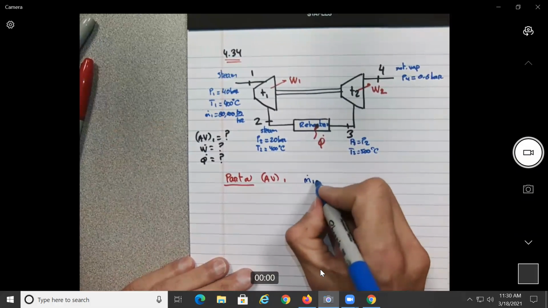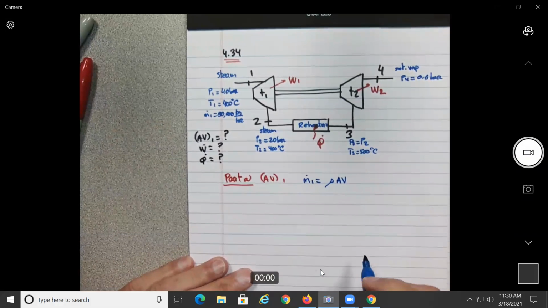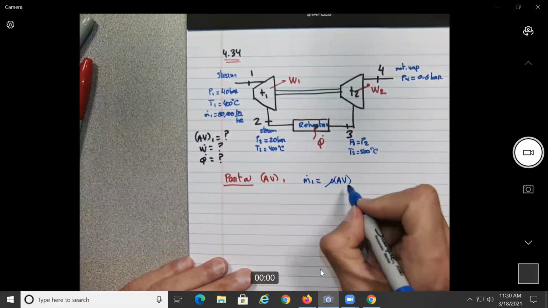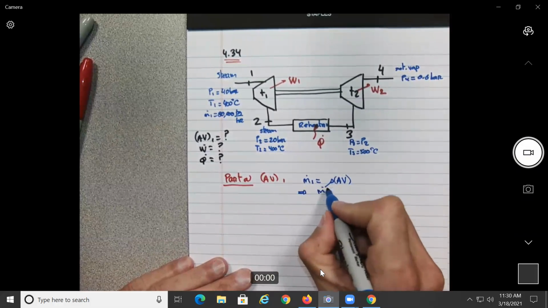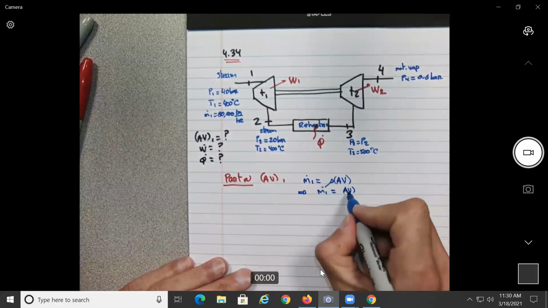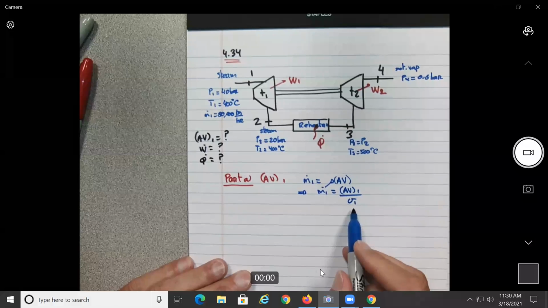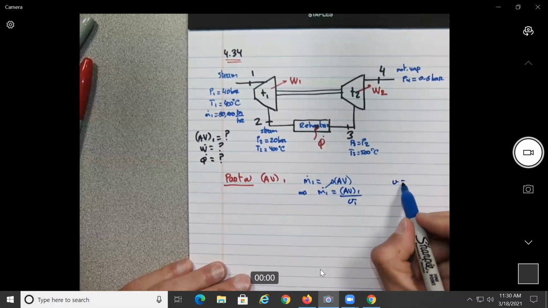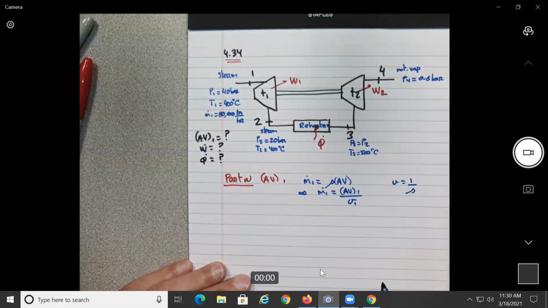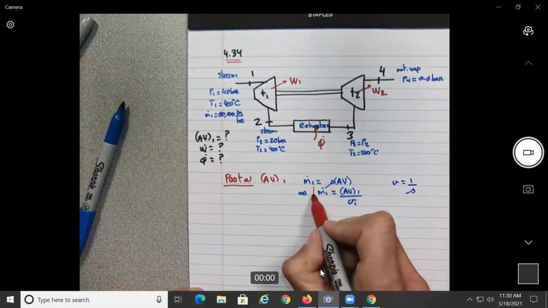We saw that the mass flow is equal to rho AV, where AV is the volumetric flow rate. And we said that the mass flow is also equal to AV divided by the specific volume, because v is just the inverse of the density, no? Okay? So that's basically the equation we have.